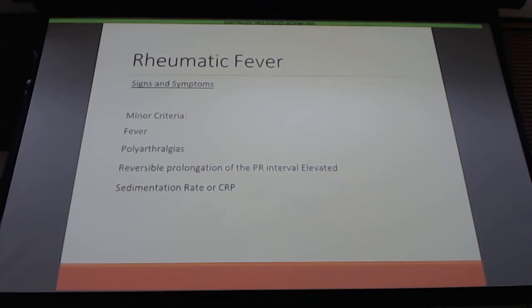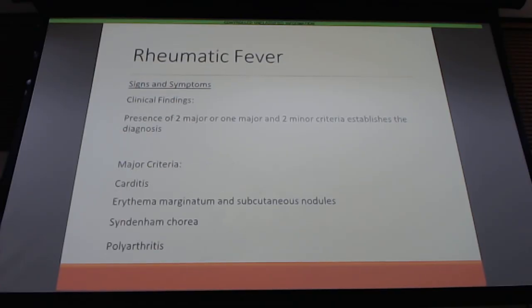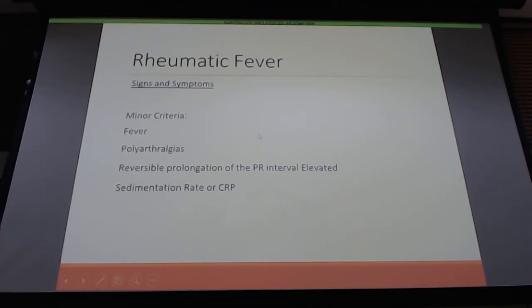Now, this one does have a caveat. You guys remember what that caveat is? No? Okay. So if you go back here, this is the heart, carditis. Polyarthritis is musculoskeletal. So you can't use them both together.